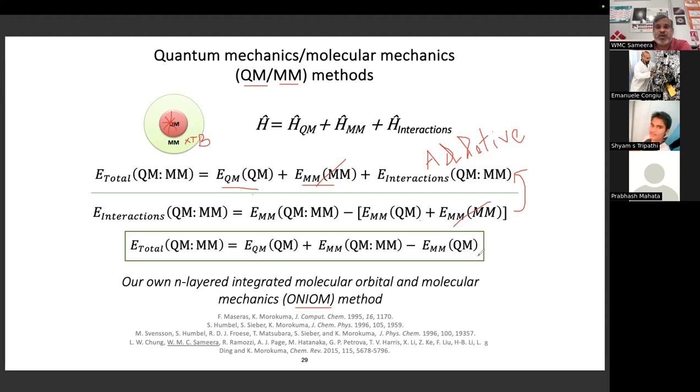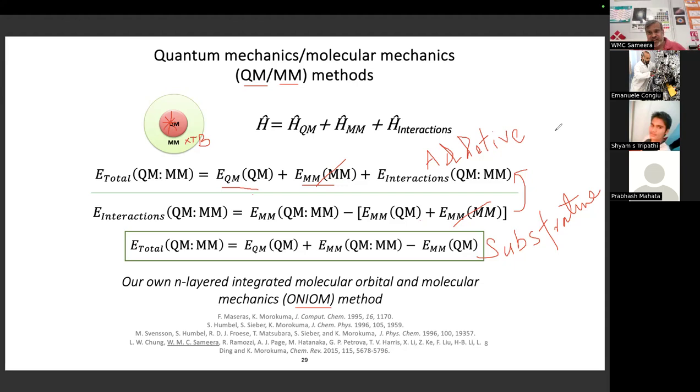So this is called ONIOM, or the subtractive QMMM. So there are two types of QMMM methods, additive or subtractive. The only difference is the way you define the interaction energy between the two regions.